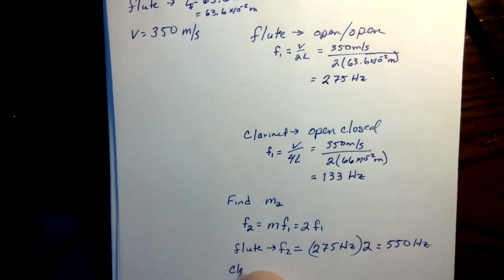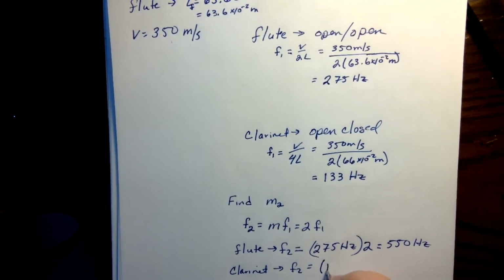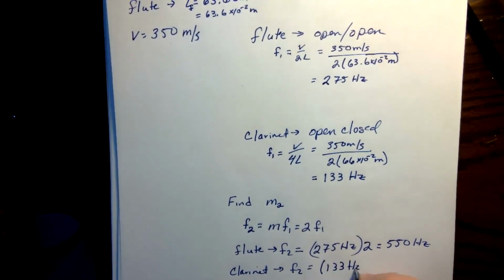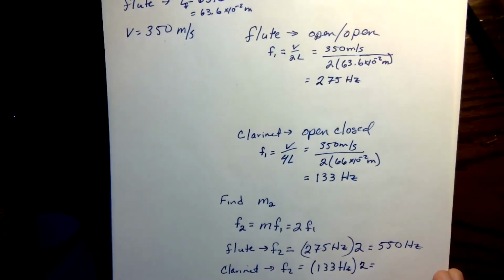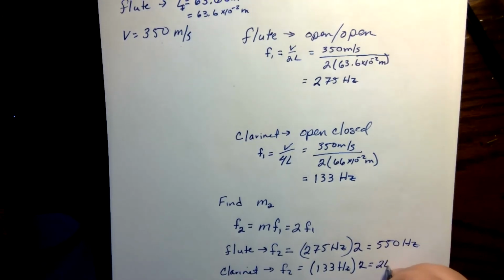Our clarinet, on the other hand, f2 is going to be 133 hertz times 2, which is going to give us 266 hertz.